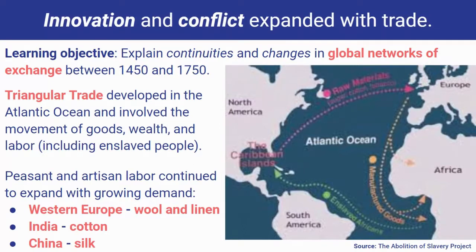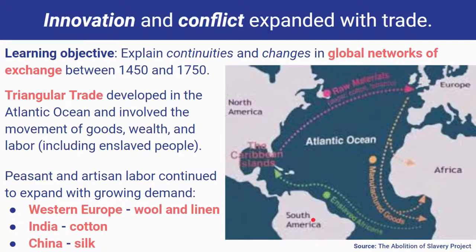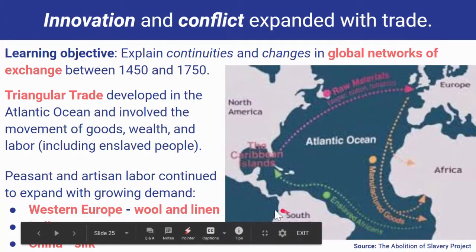So triangular trade refers to the movement of raw materials. So we're talking about cash crops and also food from the Americas to Europe, manufactured goods from Europe to Africa, and enslaved human beings to grow those raw materials or to harvest them or to mine for them if it's silver from Africa to the Americas.